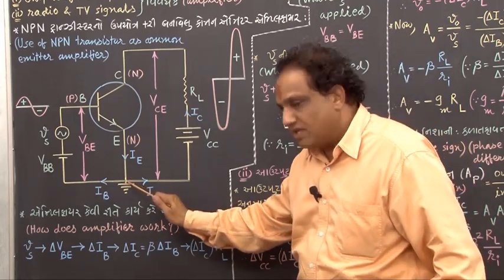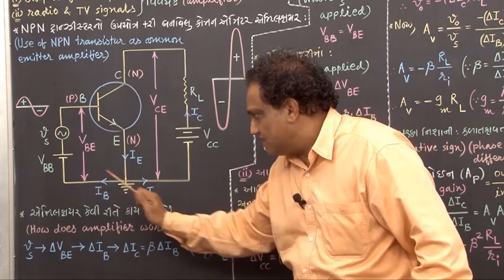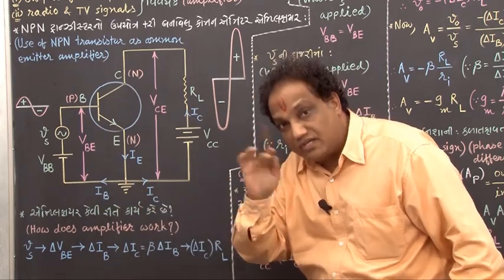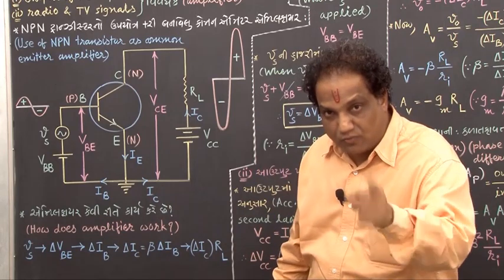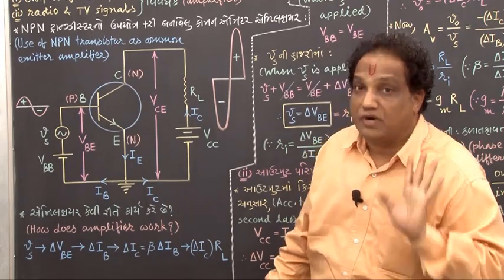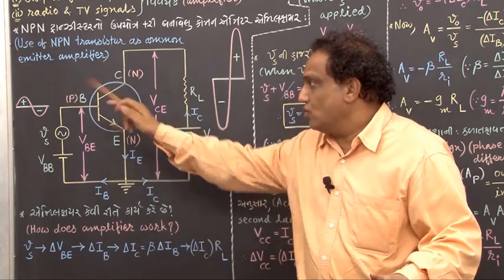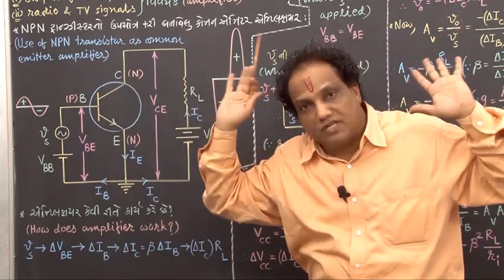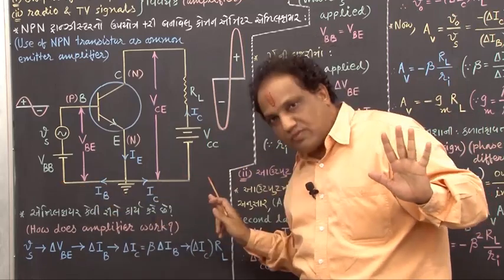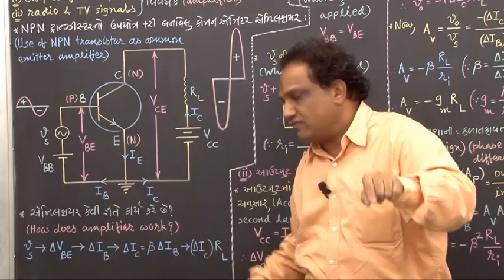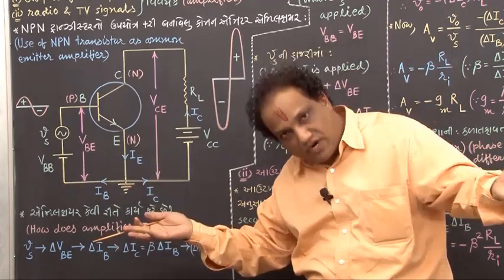If the potential of this terminal is 0, then the potentials of all these terminals are to be taken as 0. Any terminal whose potential is 0 is said to be grounded. And now with respect to this 0 volt terminal, we are going to measure potentials on other terminals. Okay. So this is taken as the reference potential, which is 0. That's why the terminal is said to be grounded. Fine.